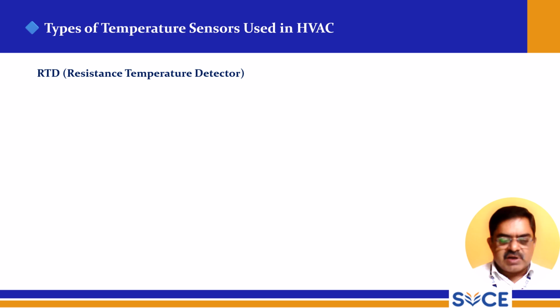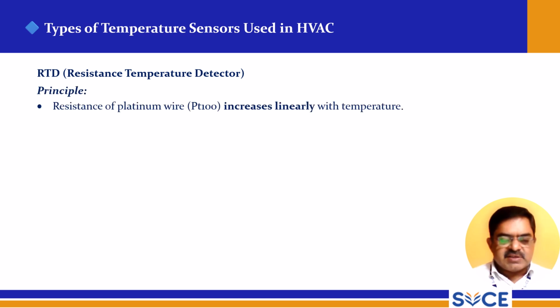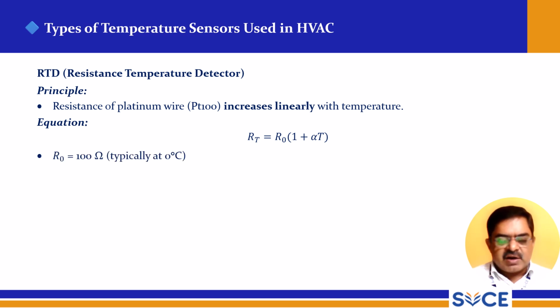Next is the RTD, another very important type of temperature detector: resistance temperature detector. The principle is that the resistance of platinum wire, PT100, increases linearly with temperature. The equation is R_T equal to R_0 into (1 plus alpha T), where R_0 is typically 100 ohms at 0 degrees Celsius, and alpha is 0.00385 per degree Celsius.